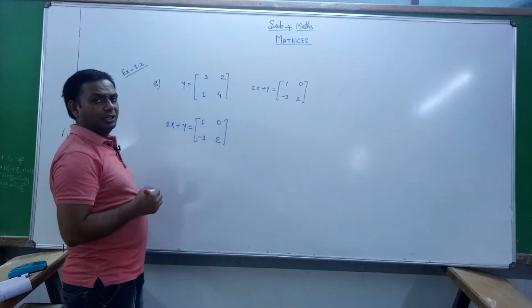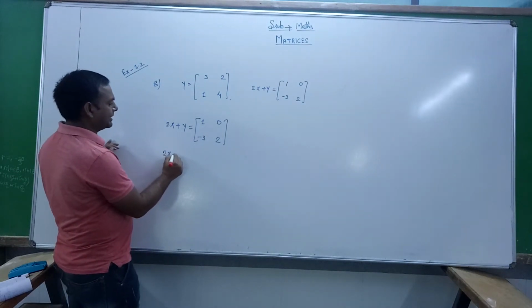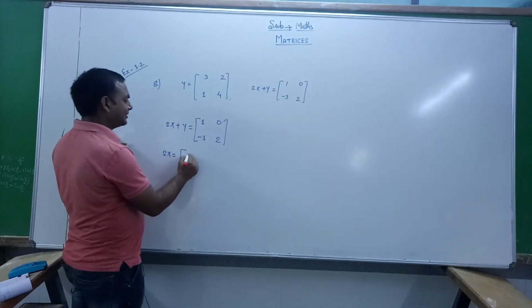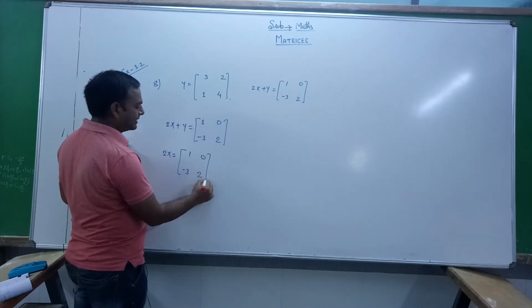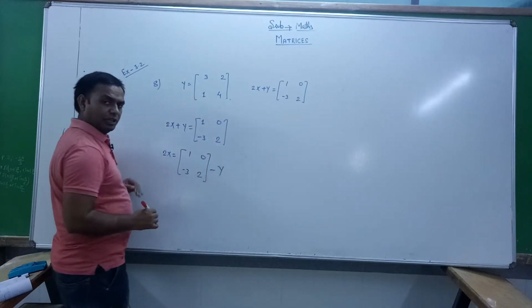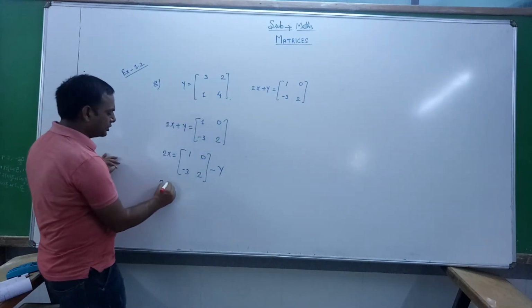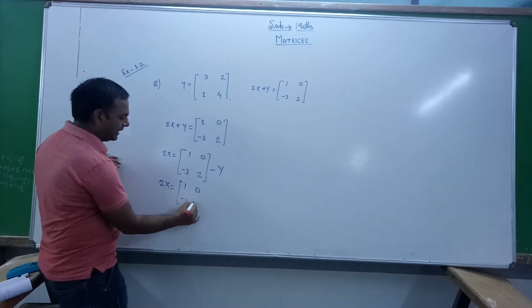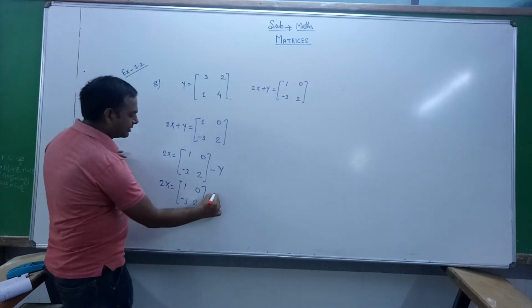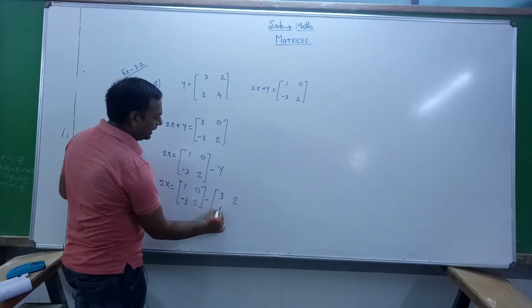After that you take y to that side, so 2x is equal to the matrix 1 0 minus 3 2 minus y. The value of y is also given in the question: 2x is equal to 1 0 minus 3 2, minus the matrix y, which is 3 2 1 4.